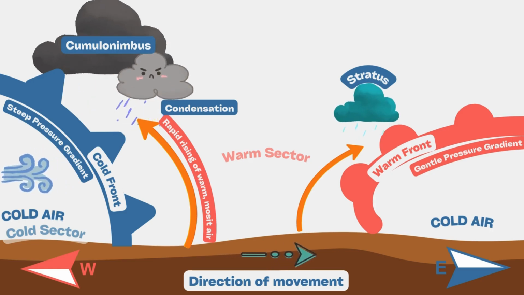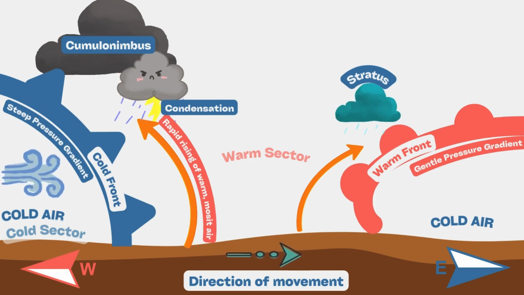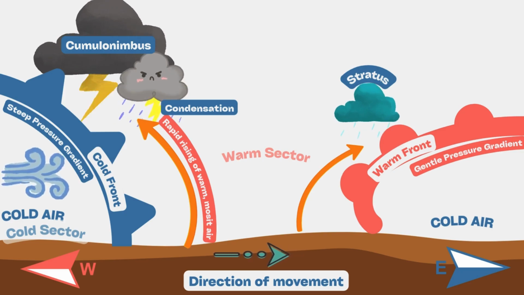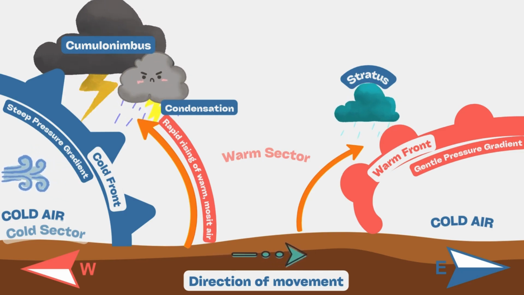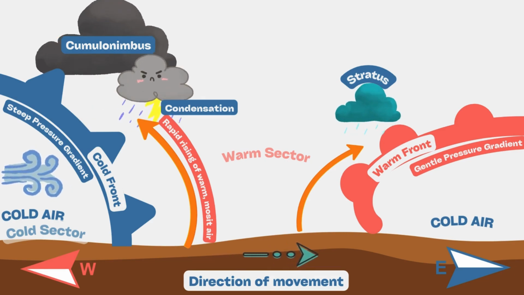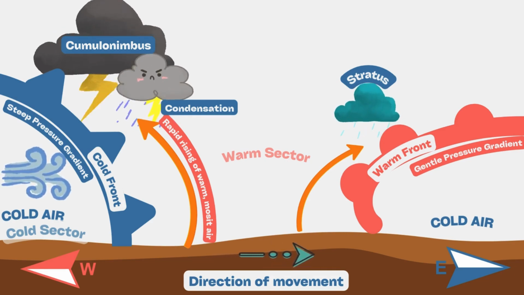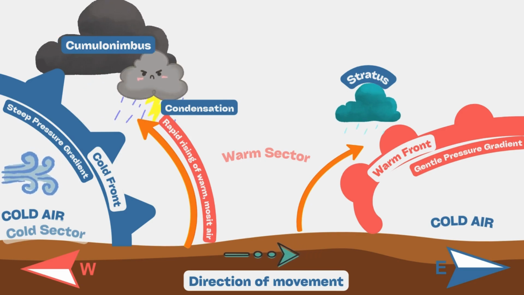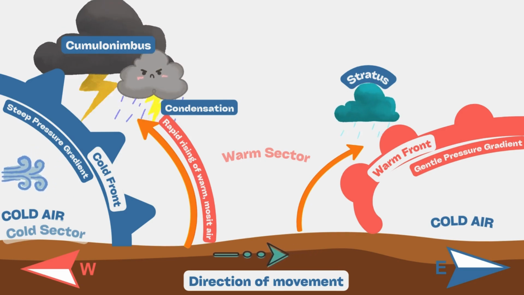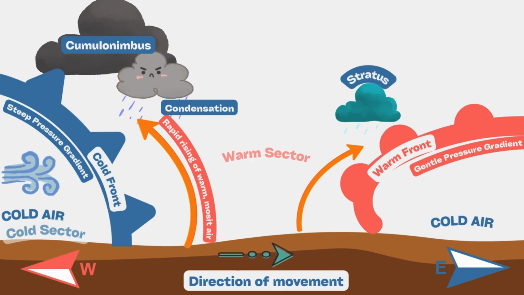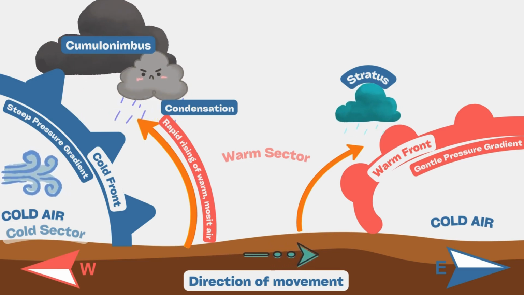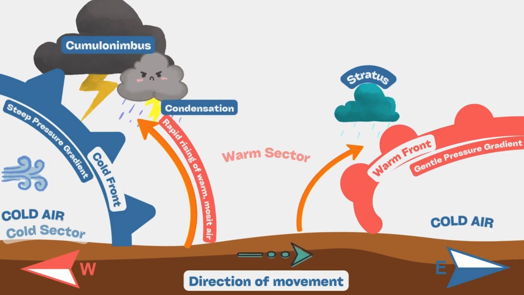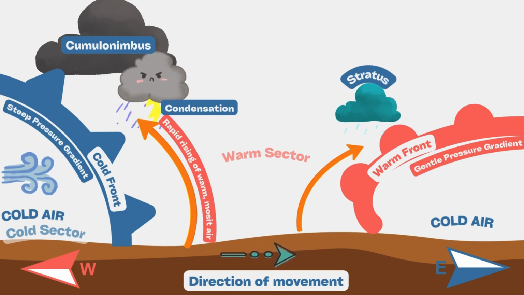Now let us look at the warm front. So the warm front is located at the leading edge of the warm air mass, where the warm air advances and overrides colder air. So the weather conditions that are experienced along the warm front is associated with layered clouds such as stratus or nimbostratus, leading to prolonged light to moderate rainfall.